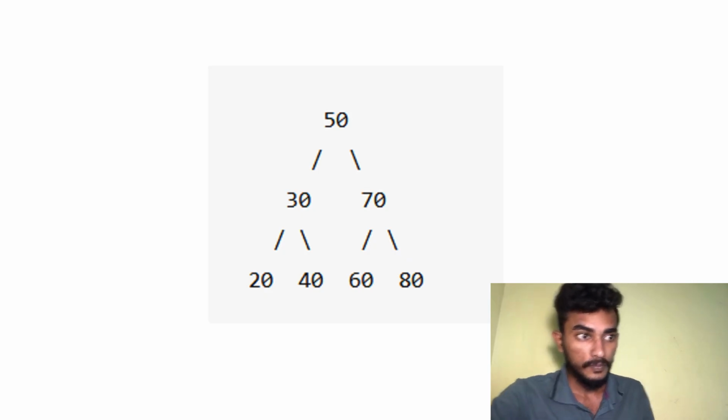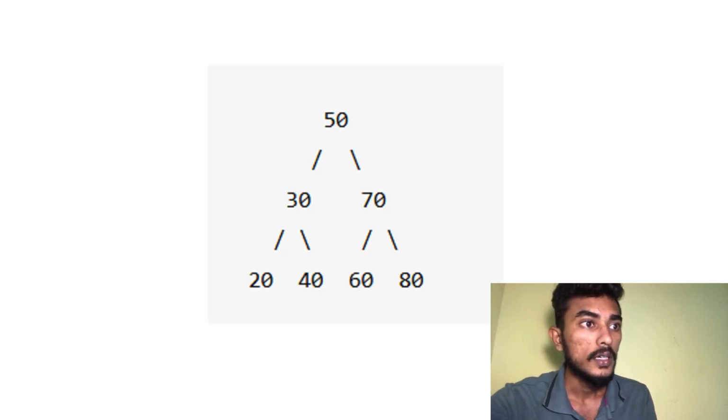The first rule is correct because 30 is less than 50. The second rule is the right subtree contains values greater than the root. You can see 70 is on the right side, and 70 is greater than 50. The second rule is also correct.